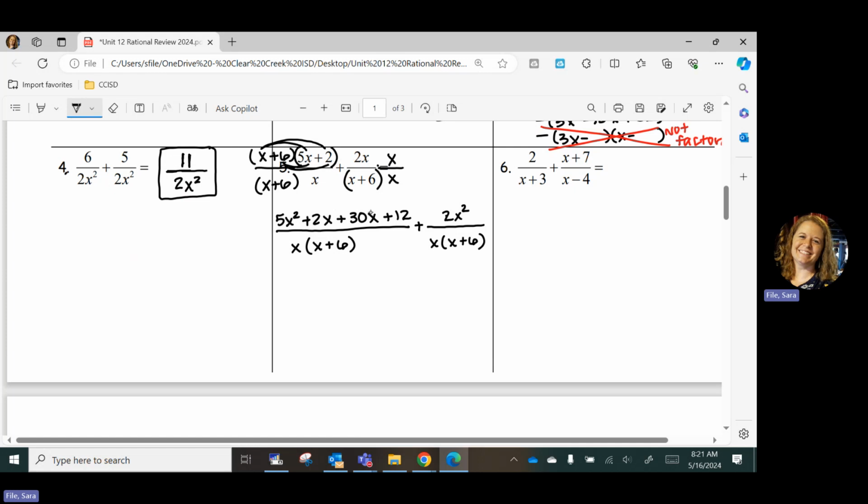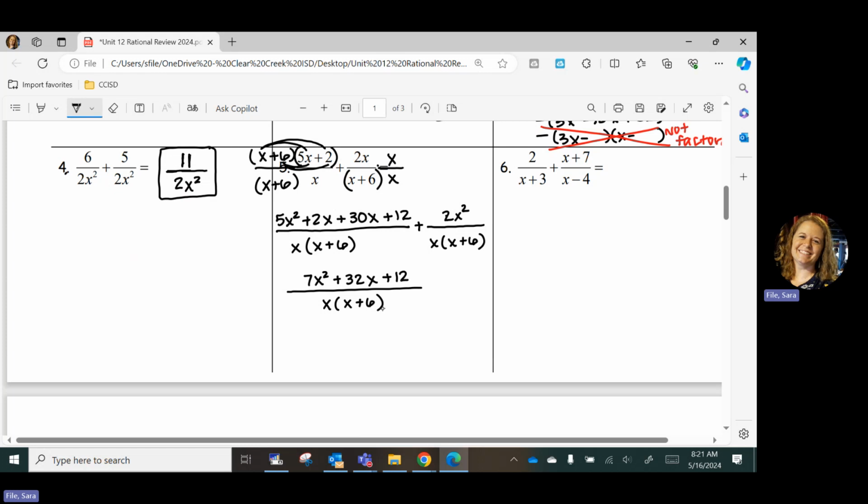So I've got 5x squared and 2x squared, so that's 7x squared. Okay, and then I've got 2x and 30x, so it's 32x. And then I've got plus 12, all over this common denominator of x times x plus 6.